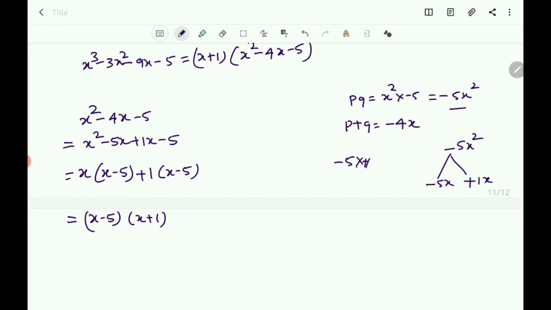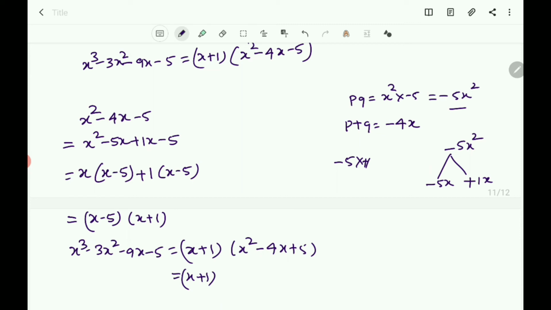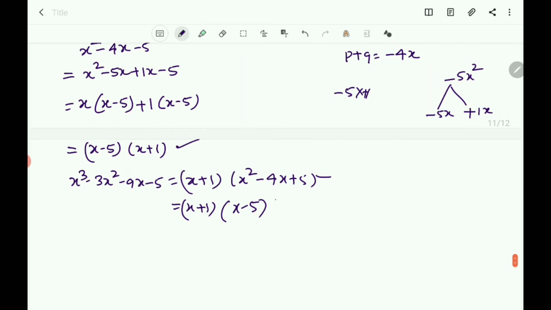Now here you write x cube minus 3x square minus 9x minus 5 is equal to x plus 1 into x square minus 4x minus 5. That is x plus 1 into the factors of this, that is x minus 5 into x plus 1.